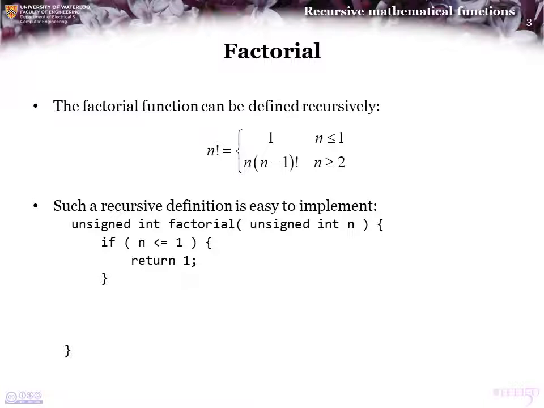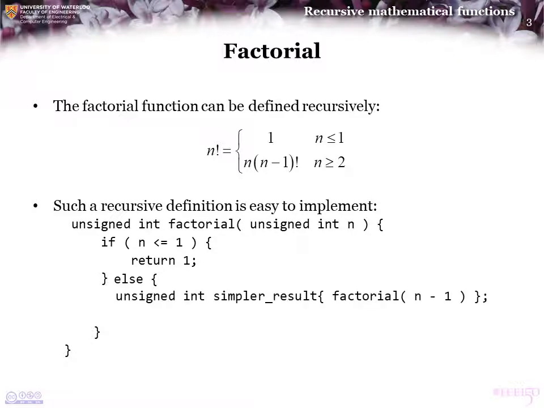Now we have to deal with the recursive case. If n is not less than or equal to 1, then n is greater than or equal to 2. So what we will do is calculate the recursive expression.